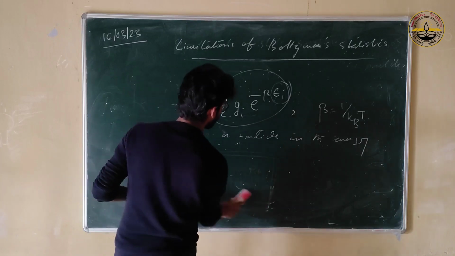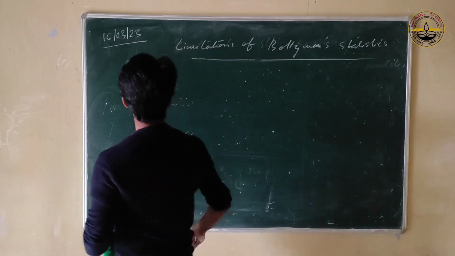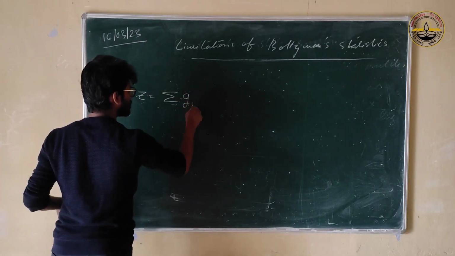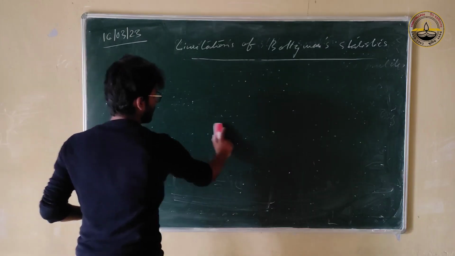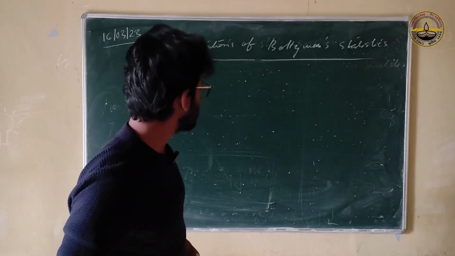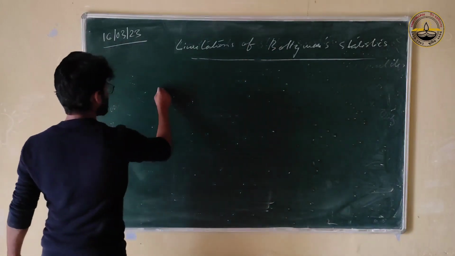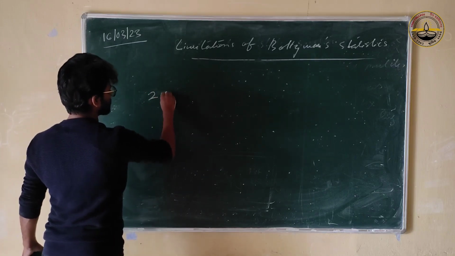The partition function Z is given by the sum of g_i e to the power minus beta E_i. And we also talked about phase space. So there are two ways. Let's say you have two particles.